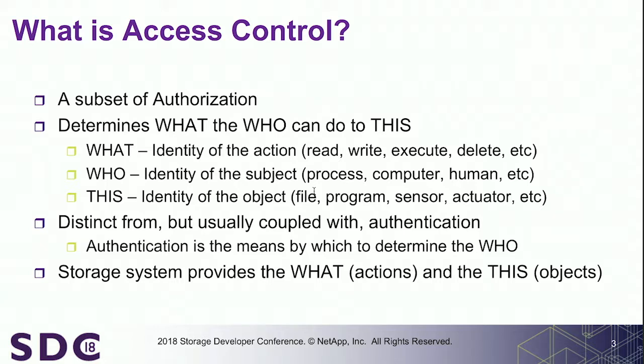There's also the who. What is the identity of the subject, the actor that is requesting an operation to be performed? We typically think of this as people, but this is often not people. These are processes. These are software agents, other computer programs, complicated distributed systems, machine to machine.